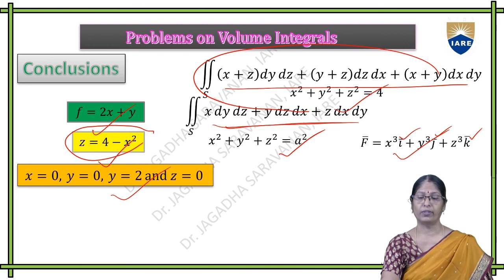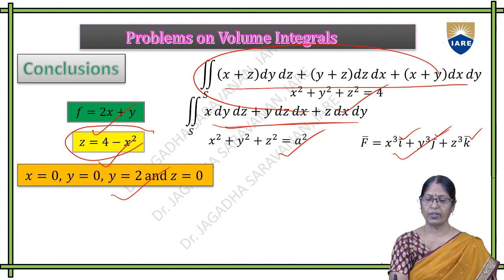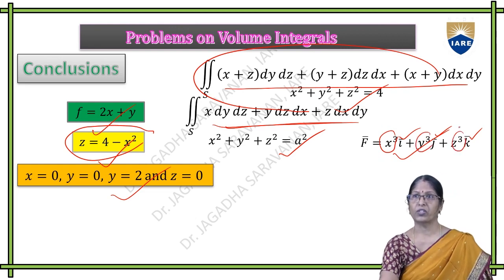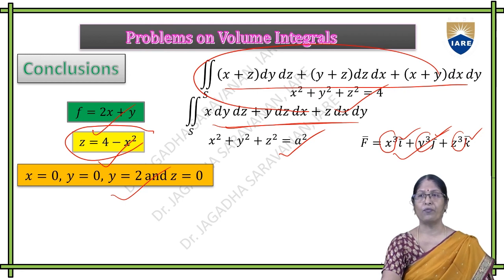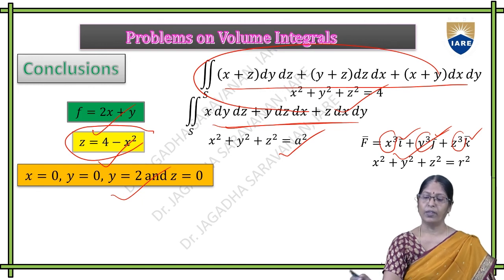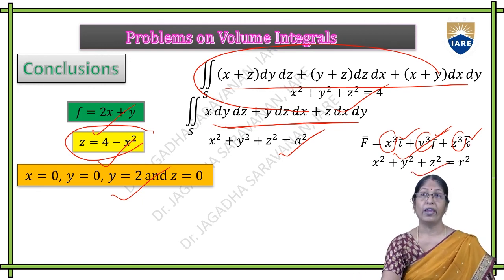The components of the vector point function f are f1, f2, f3, that is x cube, y cube, z cube. They played the role of f1, f2, f3 respectively. Then the condition of the sphere is x square plus y square plus z square equal to r square. The radius is r. Here also we used the volume integral.